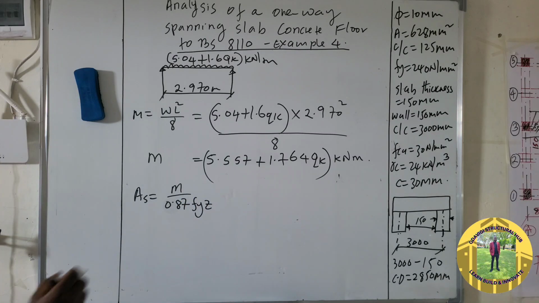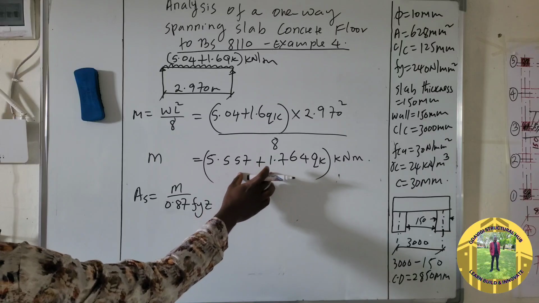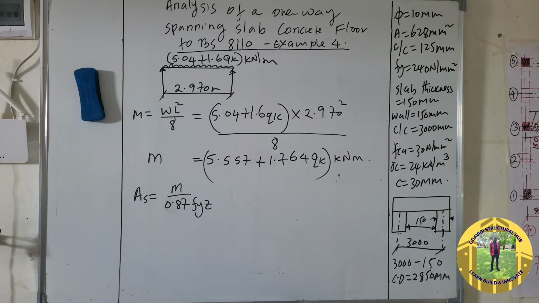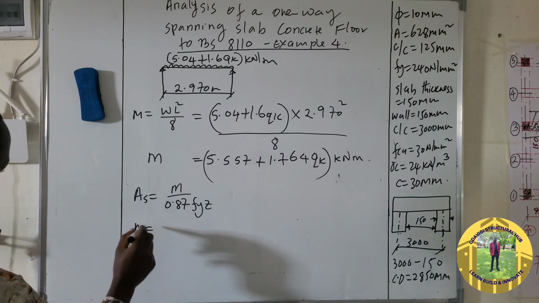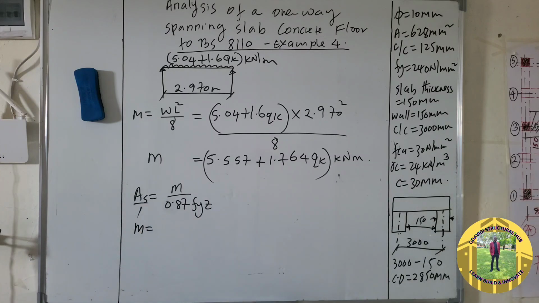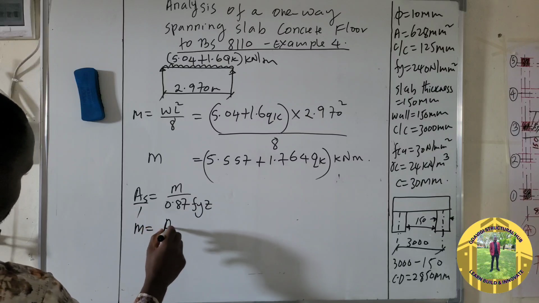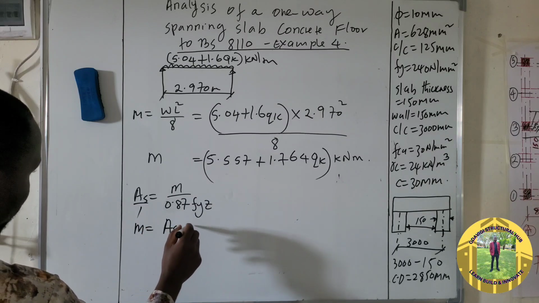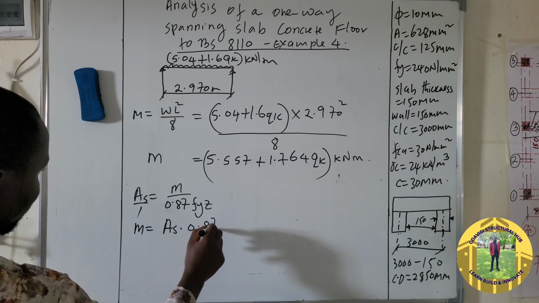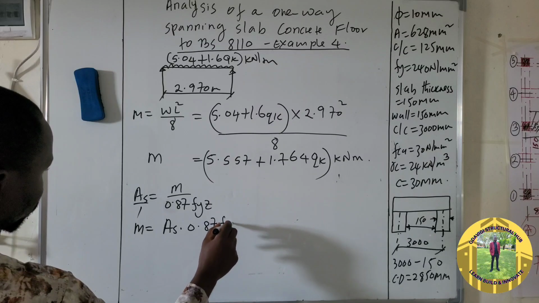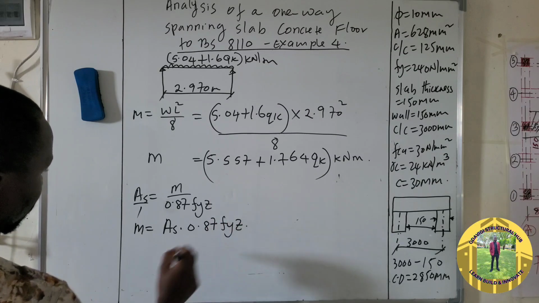And this M is what we have here. So we can make M the subject of the formula. So you'll cross multiply: M is equal to area of steel times 0.87 FYZ.